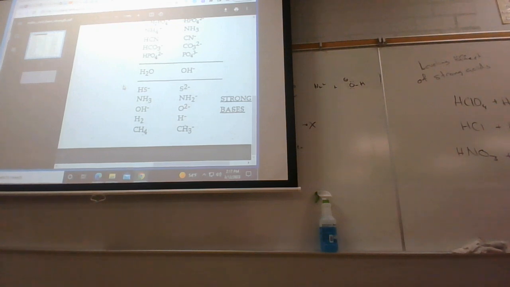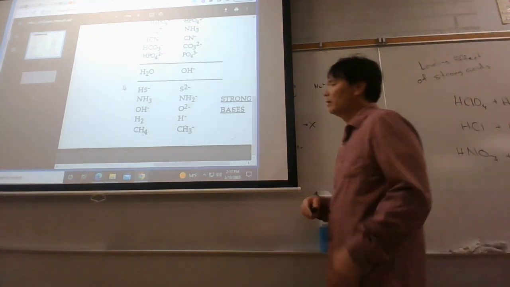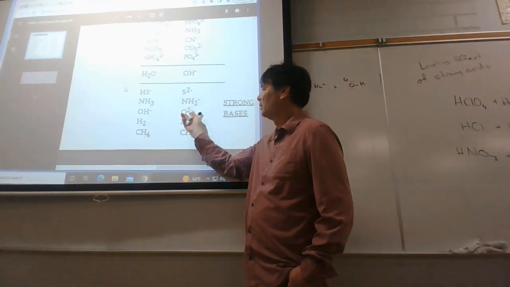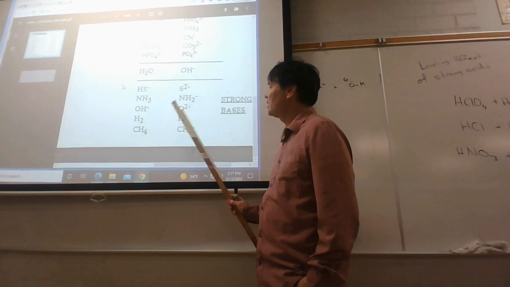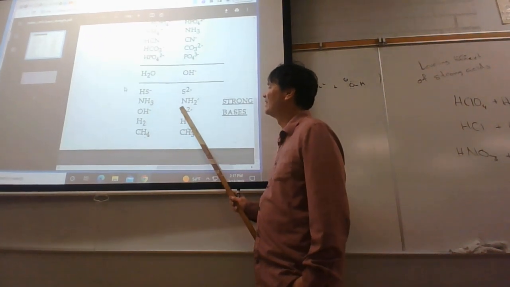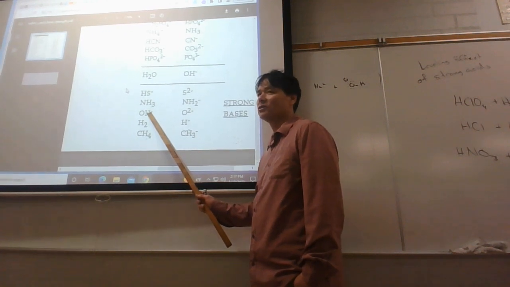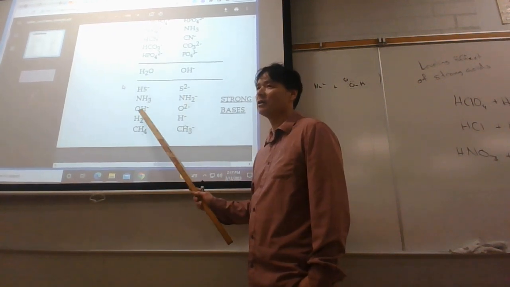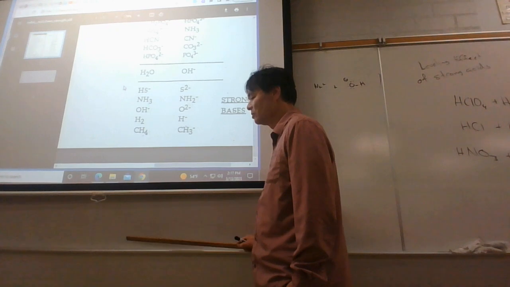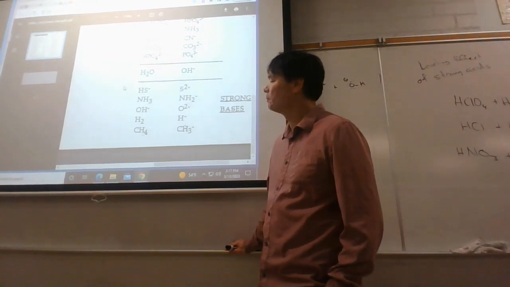Let me put a little asterisk because it is a little bit more complicated. The asterisk there involves oxide. When oxide attacks water, what forms? Hydroxide, and then the oxide is converted to hydroxide, so we get double the amount of hydroxide. And so oxide yields more hydroxide than the other.